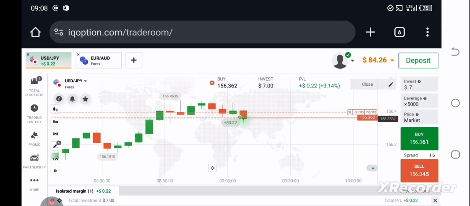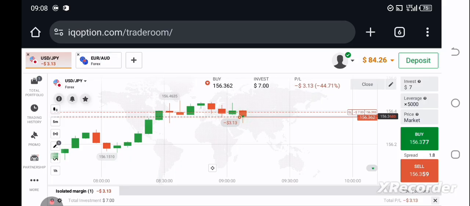It is all because of your settings. So if you are opening any trade, you decide the amount you want to risk and the amount you want to gain. You decide how much you are going to risk, and then how much you are willing to gain at the end of the trading period.